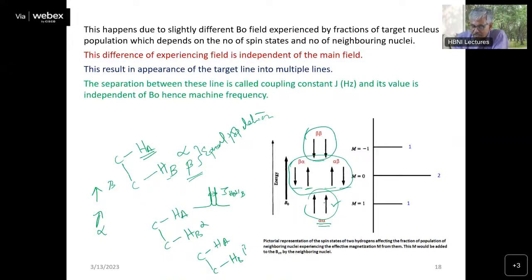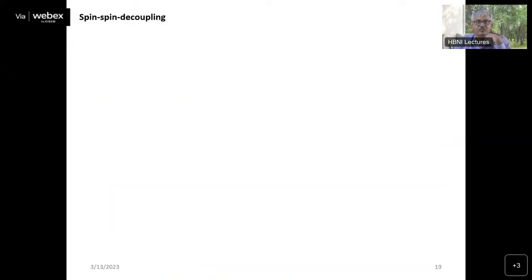That's why when a proton or a nucleus is interacting with 2 equivalent protons or nuclei with spin half, you will see a triplet, and the intensity ratio of those 3 lines will be 1:2:1. I think I have elaborately discussed this during the spin coupling. Still, I repeated it here.